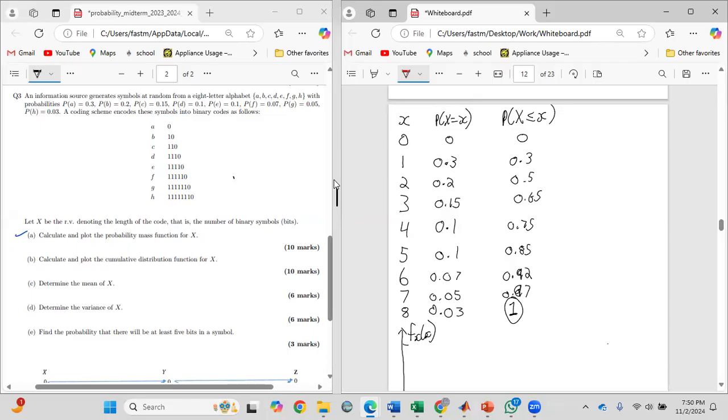So this says the probability of x times the probability x is equal to x, which is just you multiplying the x by the probability here.